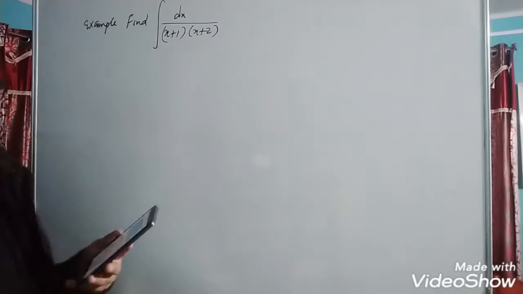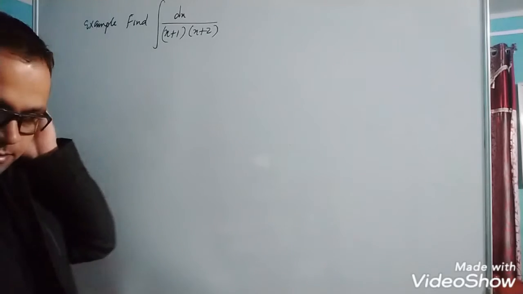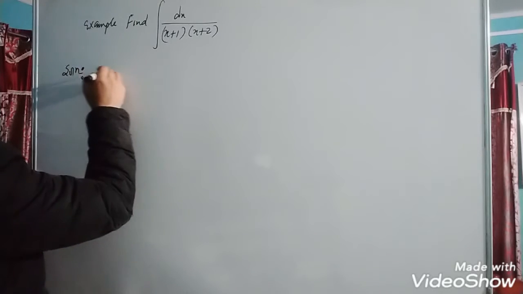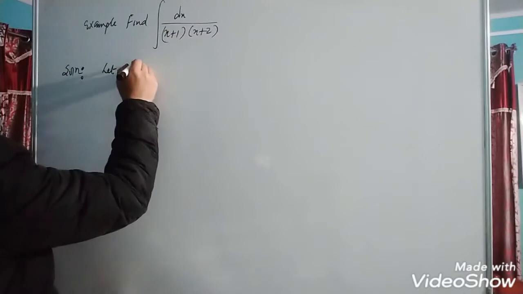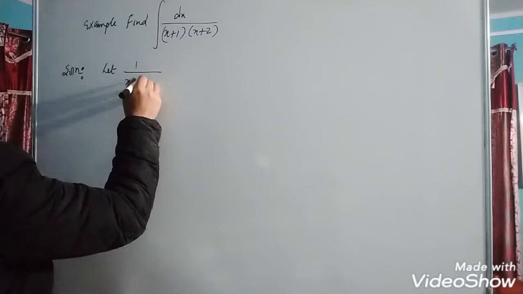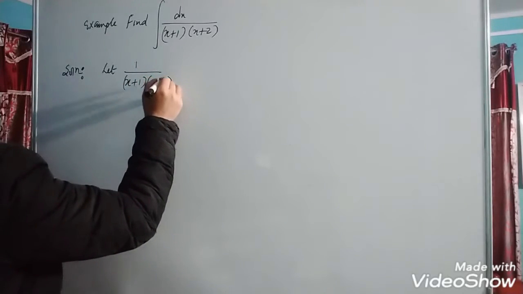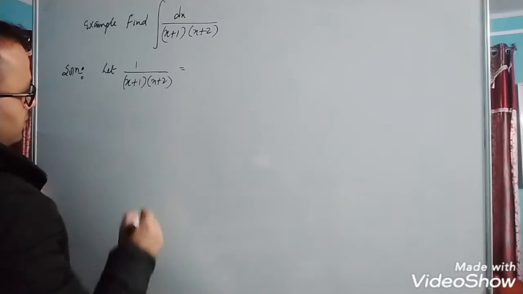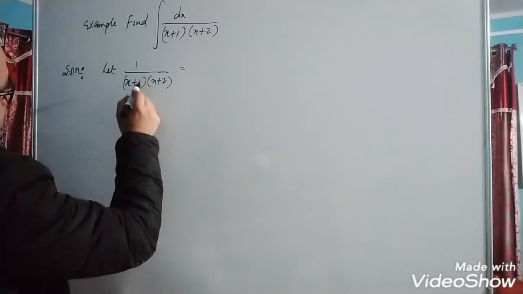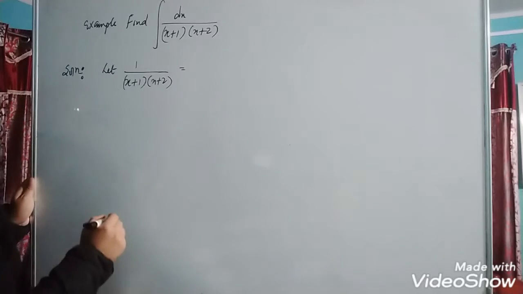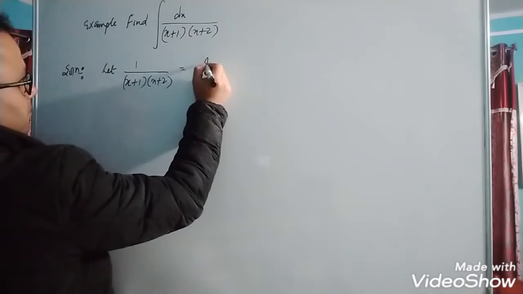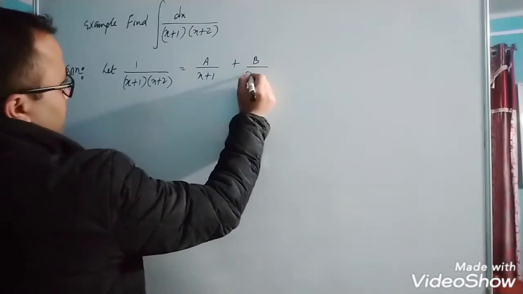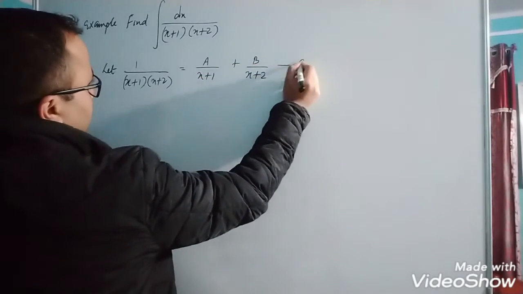In the solution we will write, let 1 by x plus 1 into x plus 2 equal to... first compare the numerator and the denominator. Here the degree of the numerator is less than the denominator, so the partial fraction will be a by x plus 1 plus b by x plus 2. This is equation number 1.